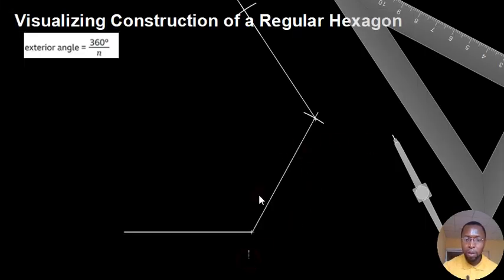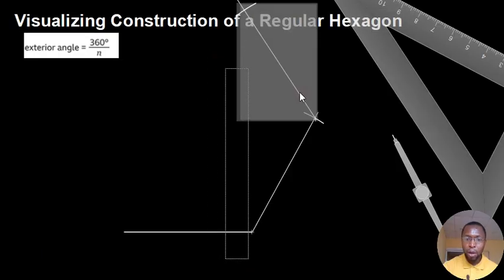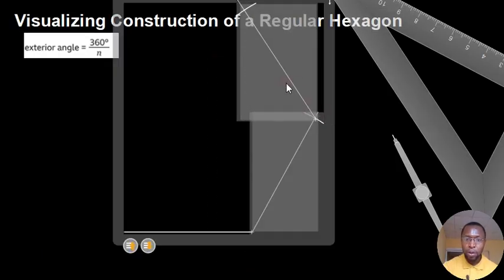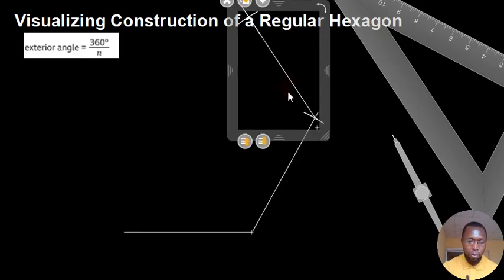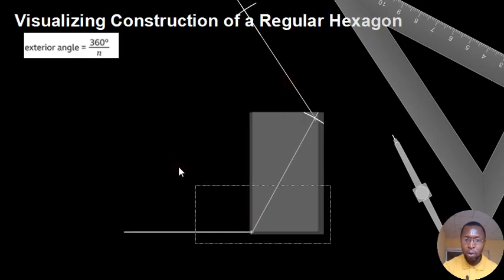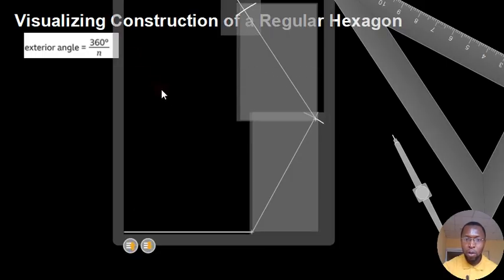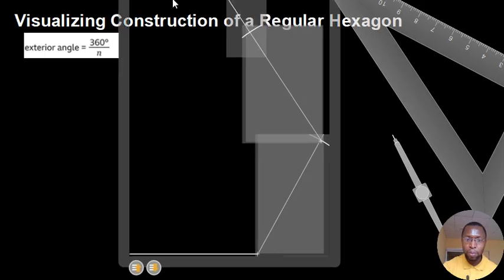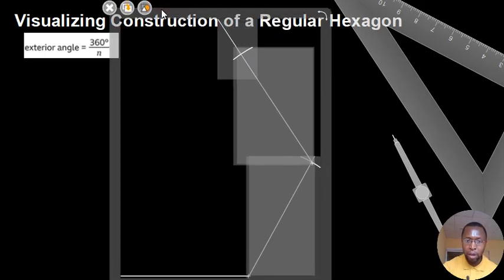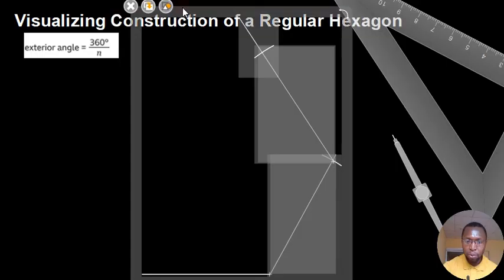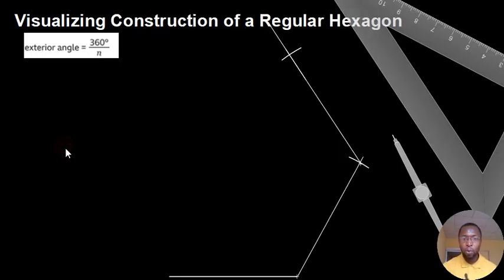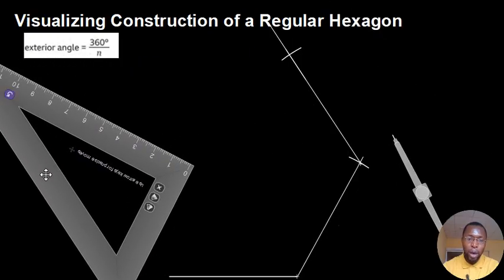Okay, so let's bring it down for our visibility. Okay, now that it's visible to us, so now again, this length here is equal to this length here, and it's equal to this length here. So I'll bring in my set square again.